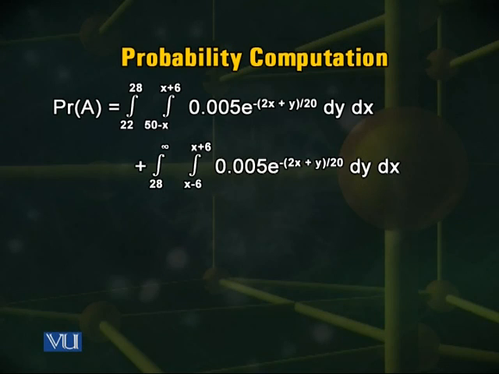So these constant height vertical strips are used to integrate the joint PDF, and this is the second part of the integral.